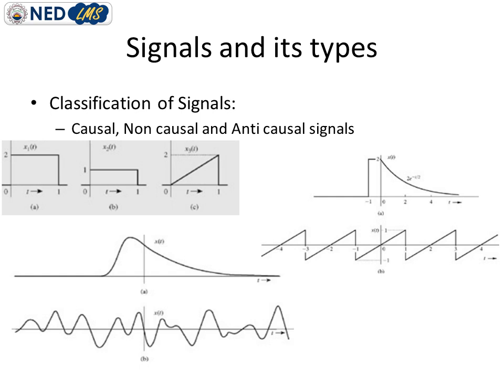Now come to the non-causal signals. Non-causal signals are those signals that start before time t is equal to 0. As you can see from the remaining plots, this one, this one, this one, and this one, all these four plots are for non-causal signals.